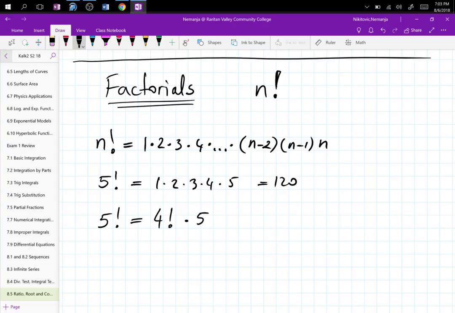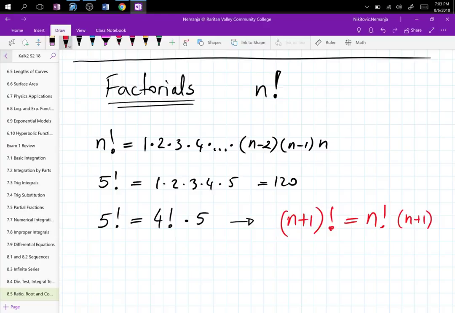Because 4 factorial will have 1 times 2 times 3 times 4, and then times 5. Make sense? So because of that, we are able to write the formula, and I'll write this in red because it's important. n plus 1 factorial is n factorial times n plus 1.